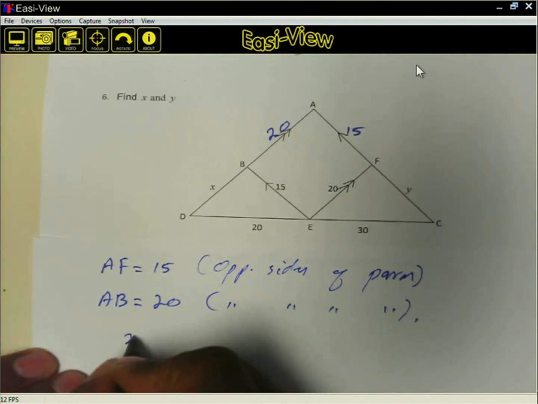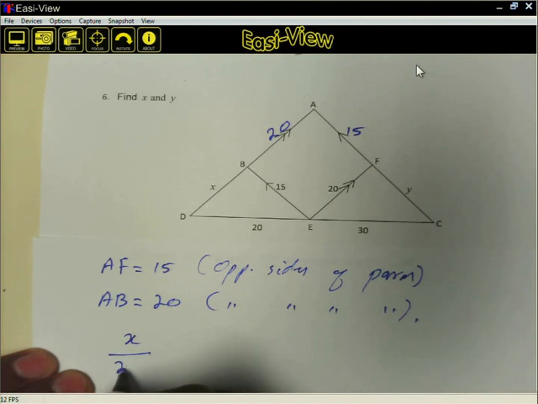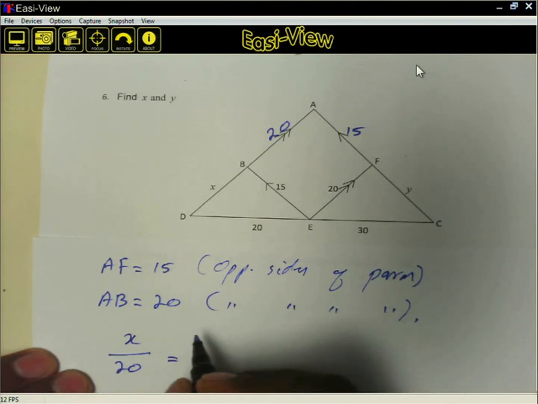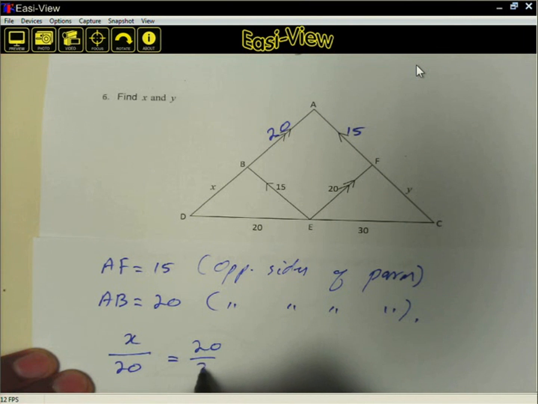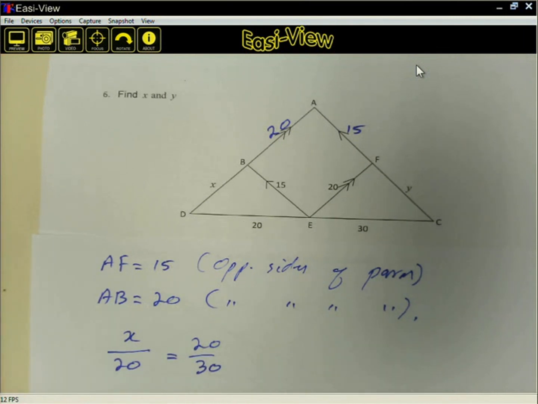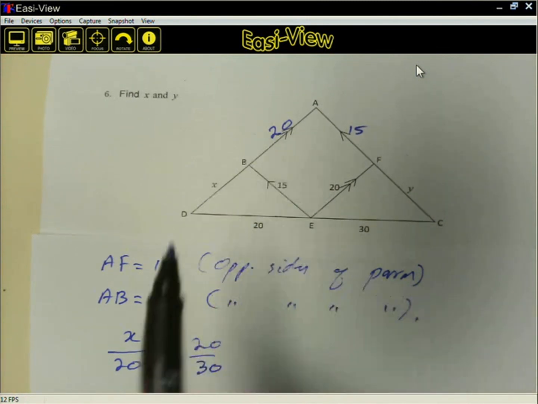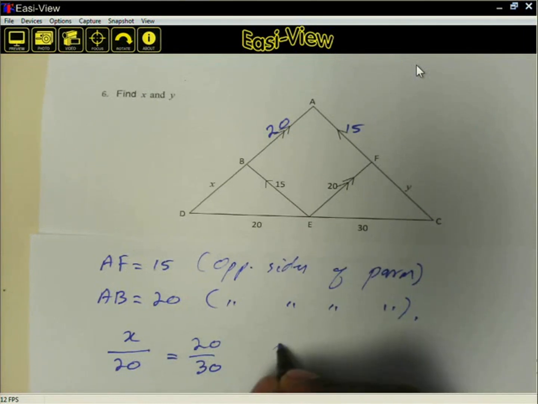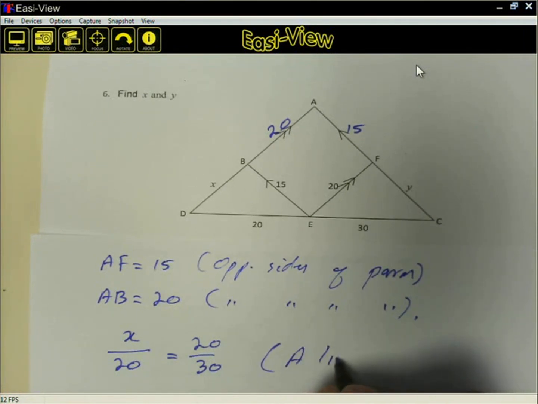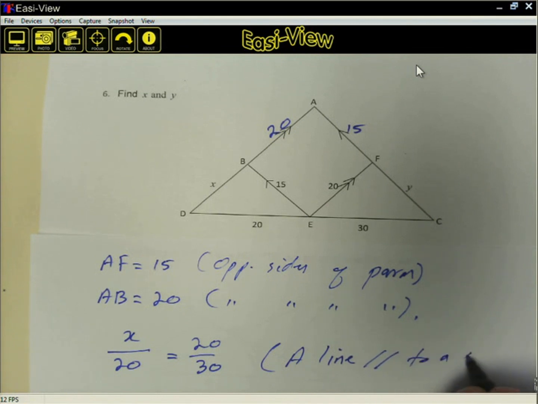Therefore, x over 20 is equal to 20 over 30. Now you just have to solve for x. In our Euclidean geometry, provide a reason. Why do I say x over 20 is the same as 20 over 30? A line parallel to a side of a triangle.